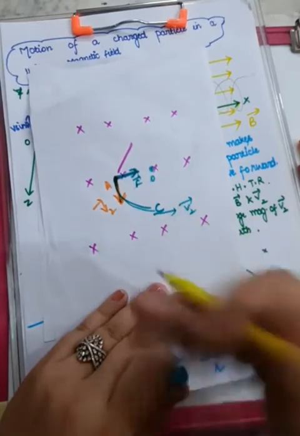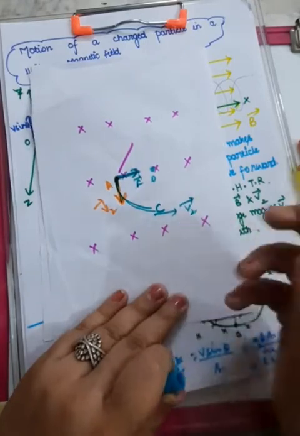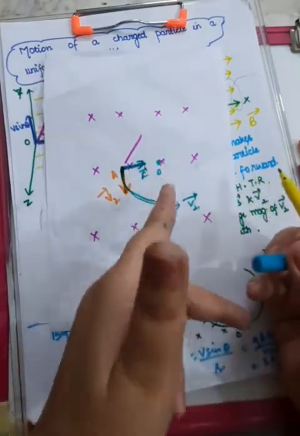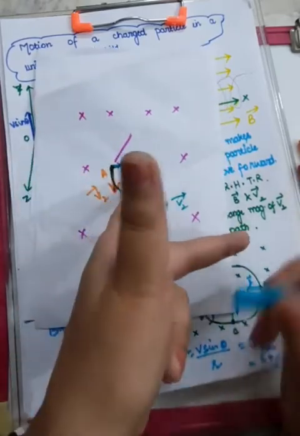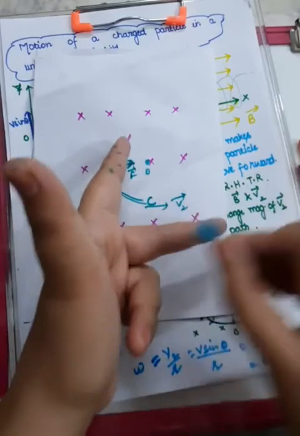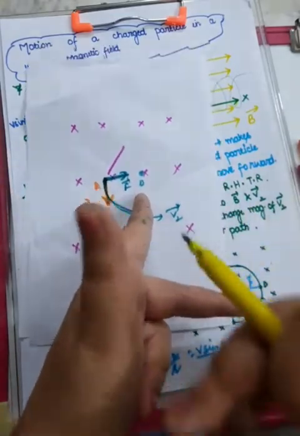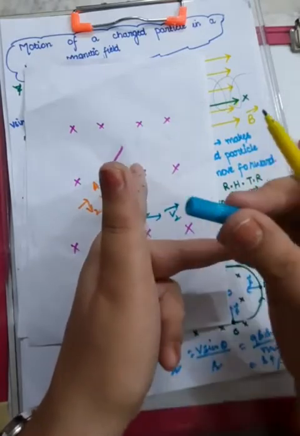Now you can analyze it. This will be the direction of the V2 vector now, and then you can apply the same concept: this is the magnetic field, this is the current, which is the velocity's direction. So this is the direction of force.